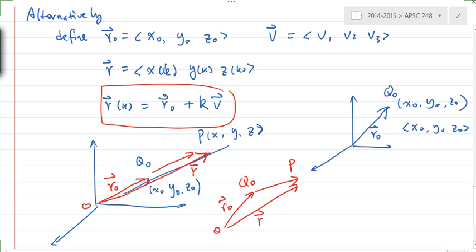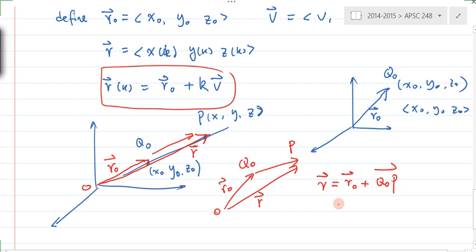Yeah. Okay. So R equals R naught plus Q naught P. And Q naught P is k times v. If you don't like a k, you can use a t or s, it doesn't matter.